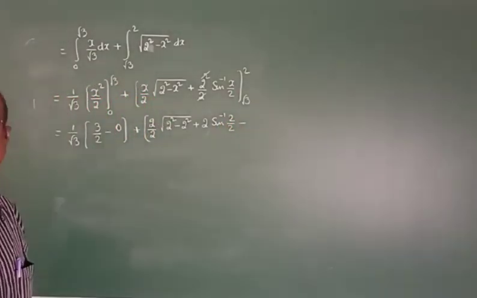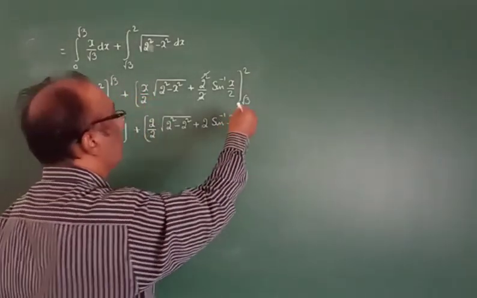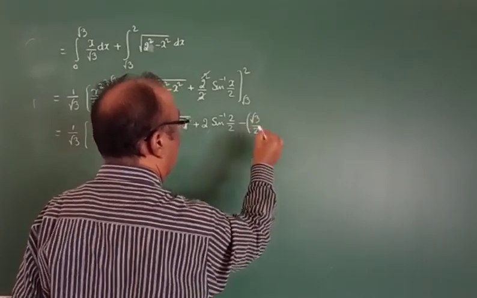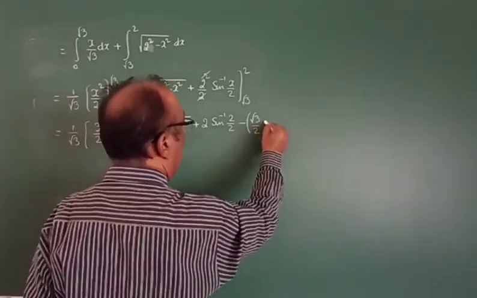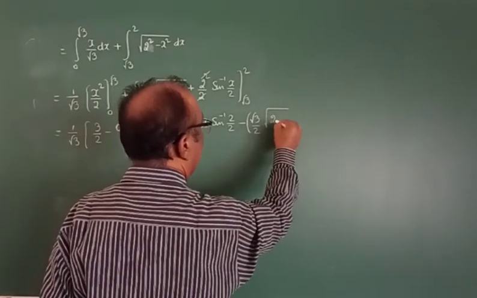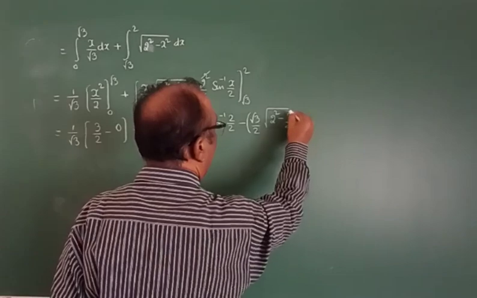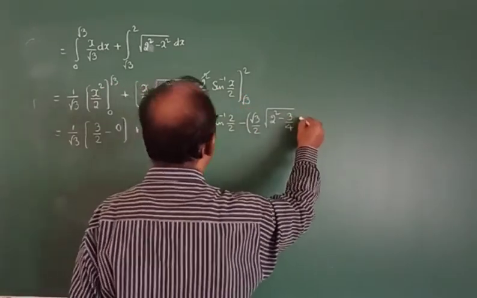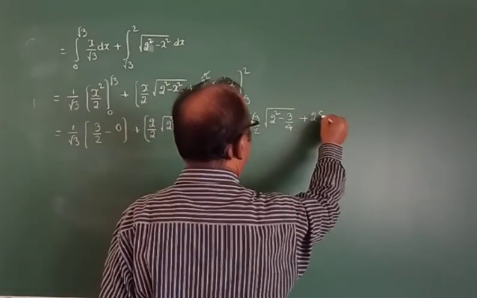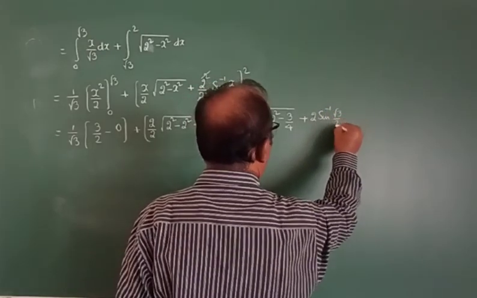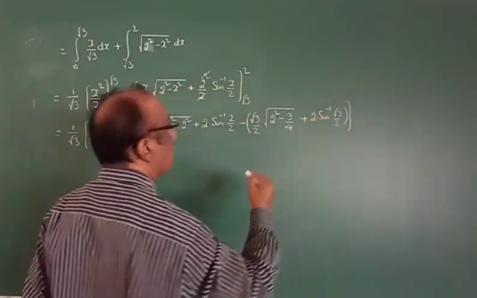Write down everyone, lower limit: root 3 by 2, root of 2 square, root 3 square by 2 means 3 by 4, plus 2 sin inverse of x place is root 3 by 2, close.